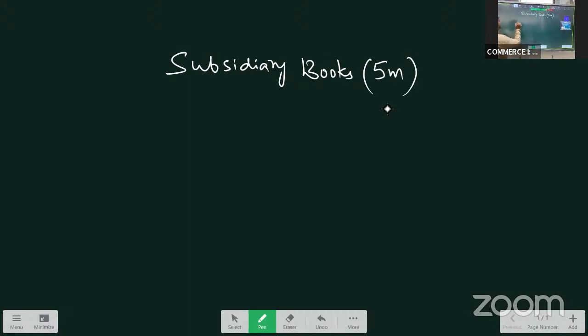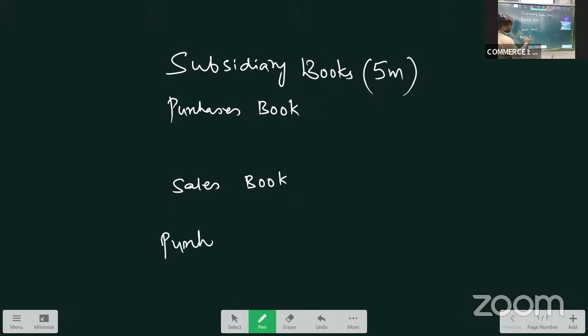In this topic, we have discussed 4 books: purchases book, sales book, purchase returns book, and sales return book.